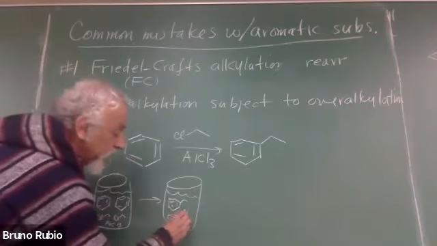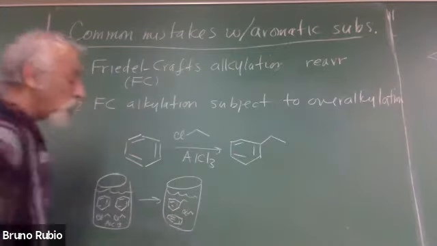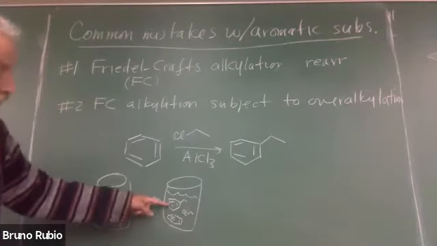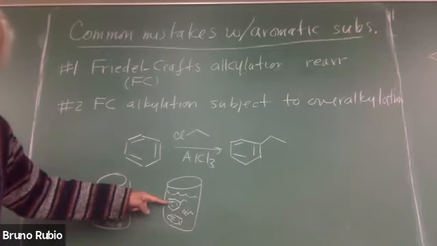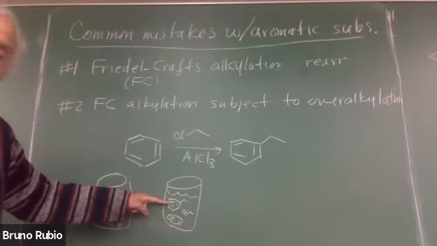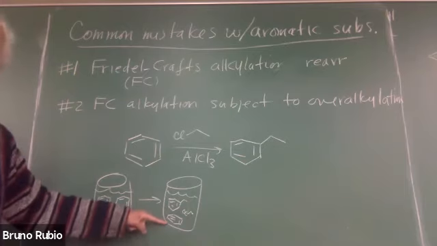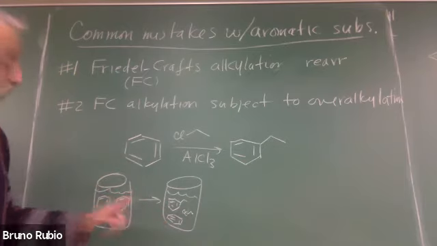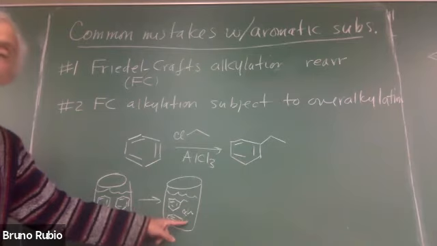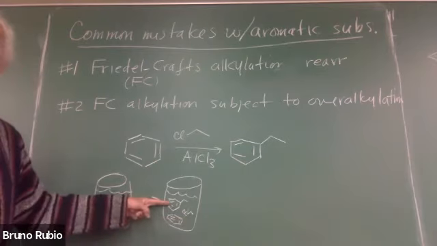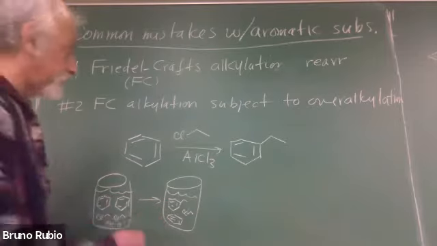And now the remaining ethyl chloride is choosing between a molecule that has an activator on it and a molecule that doesn't have an activator on it, because the alkyl group is activating. So who is this guy going to choose? He's going to choose the more reactive benzene over the less reactive one.